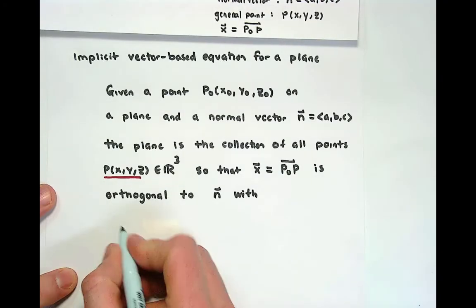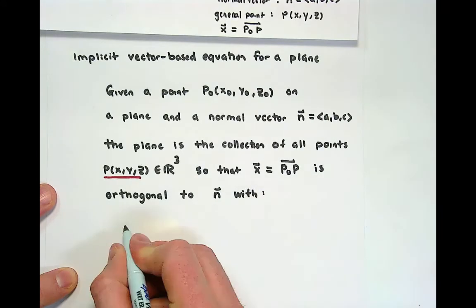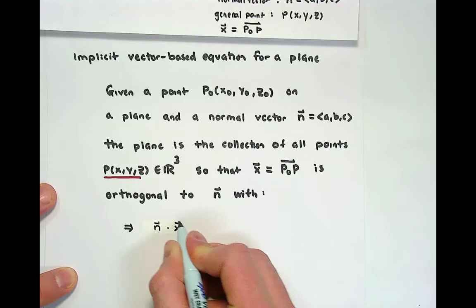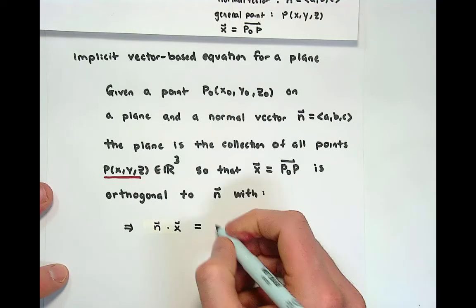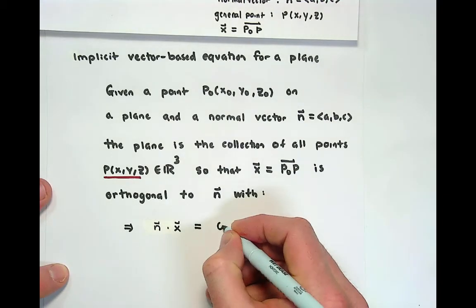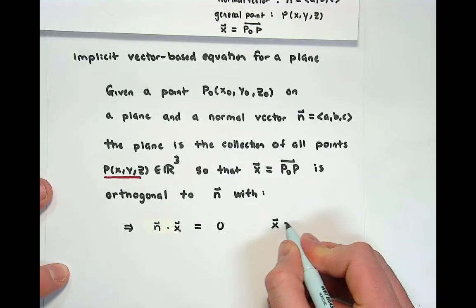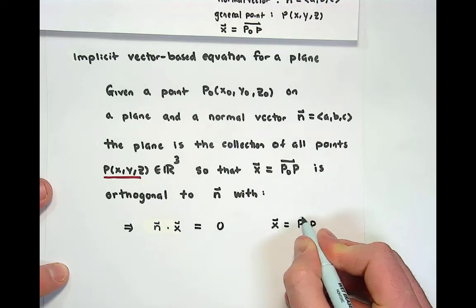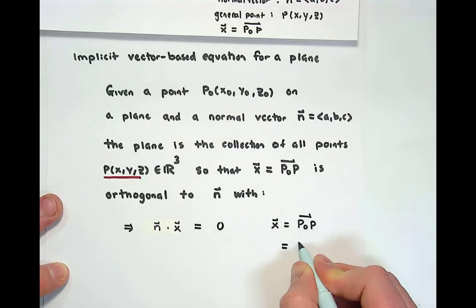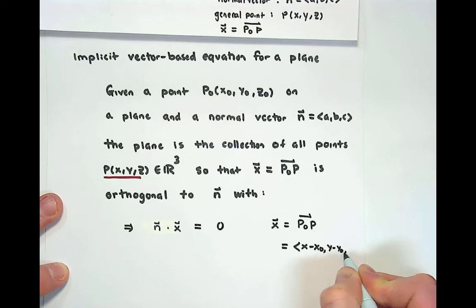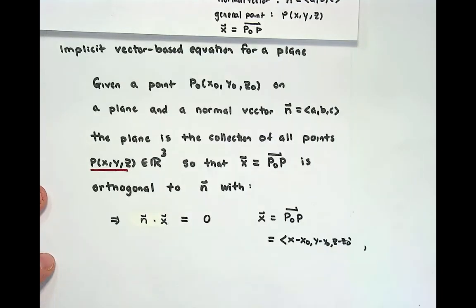Well, remember, what does it mean to be orthogonal to n? It means that if you took n dotted with x, when are two vectors orthogonal? When their dot product is 0.